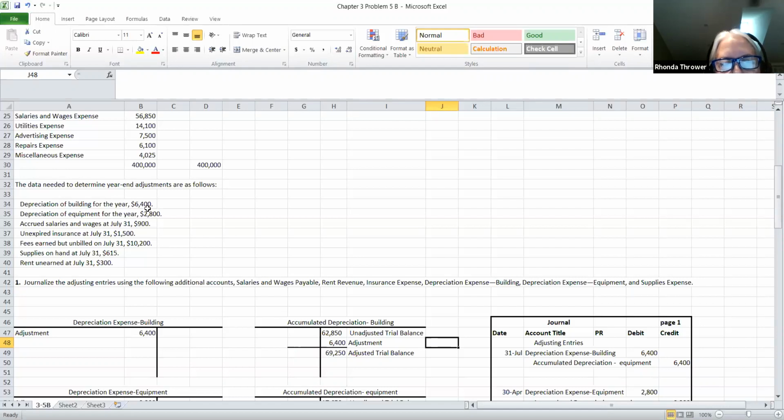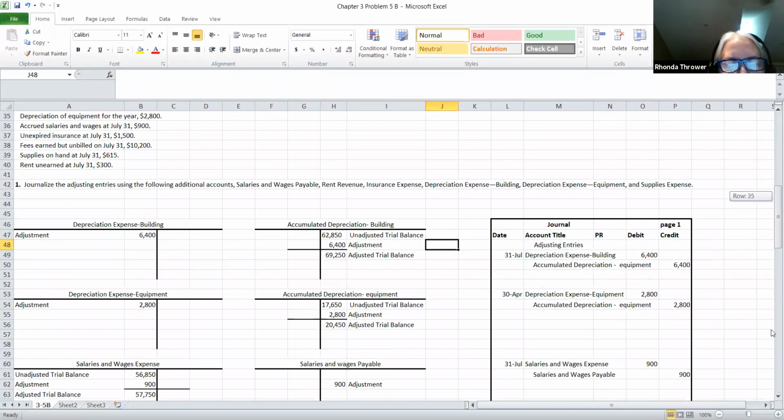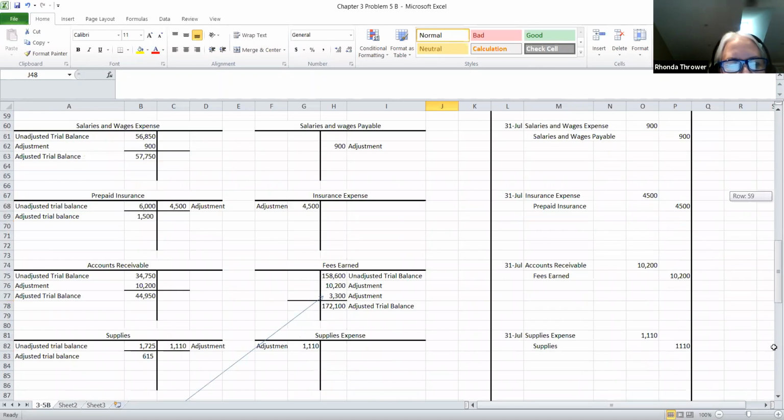Because of this adjusting entry, we need to add $6,400 to that account. When I add it to the previous account balance, its new balance will be $69,250. And this is what would be reflected in your adjusted trial balance that you're going to prepare next.